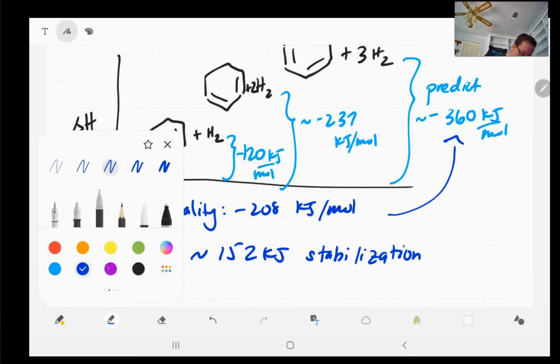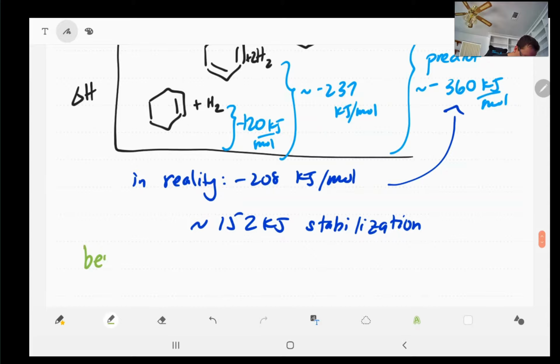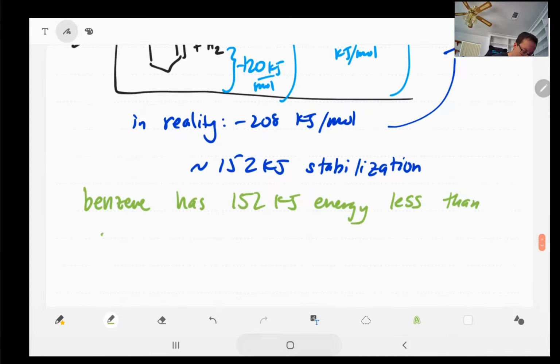So that means that benzene has less energy than we expect it to have. And so we're going to see that it's unusually stable.